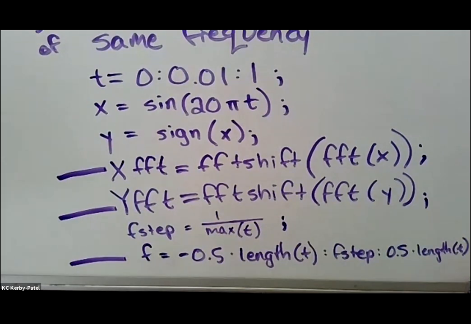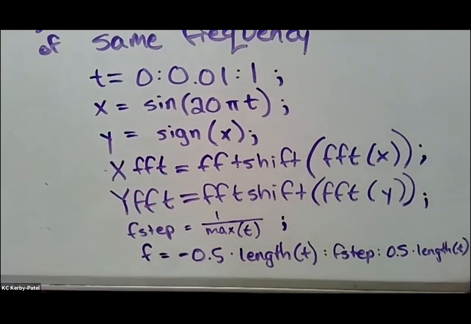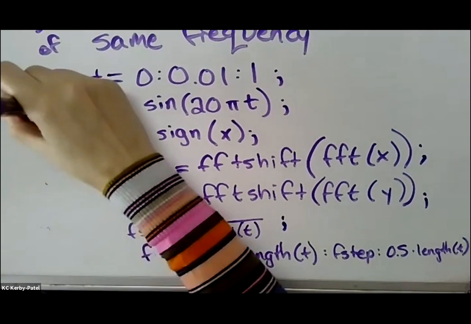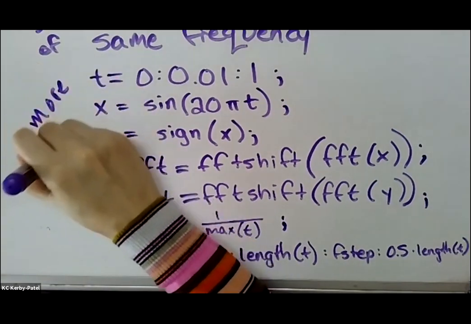I will put you in your breakout rooms while you are doing this thing. And I have some questions that I want you to consider after you have made this plot. All right, so discuss this among your team once you've made the plots. And they are, which has more bandwidth?